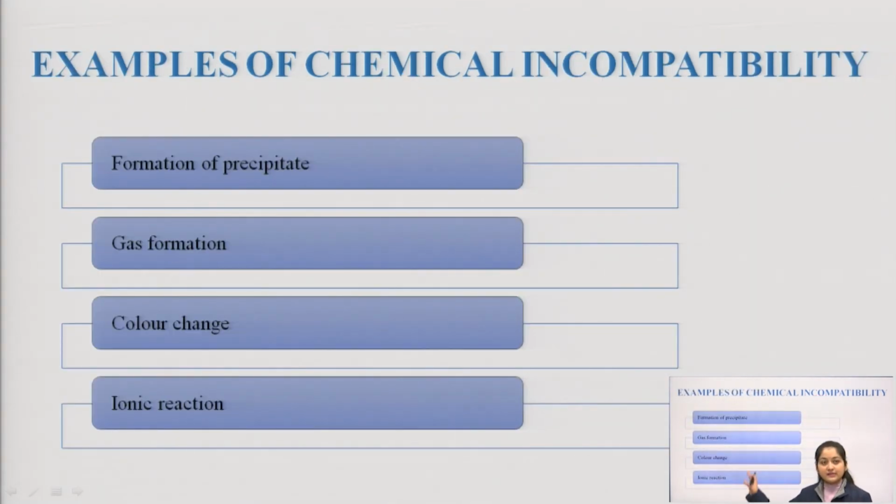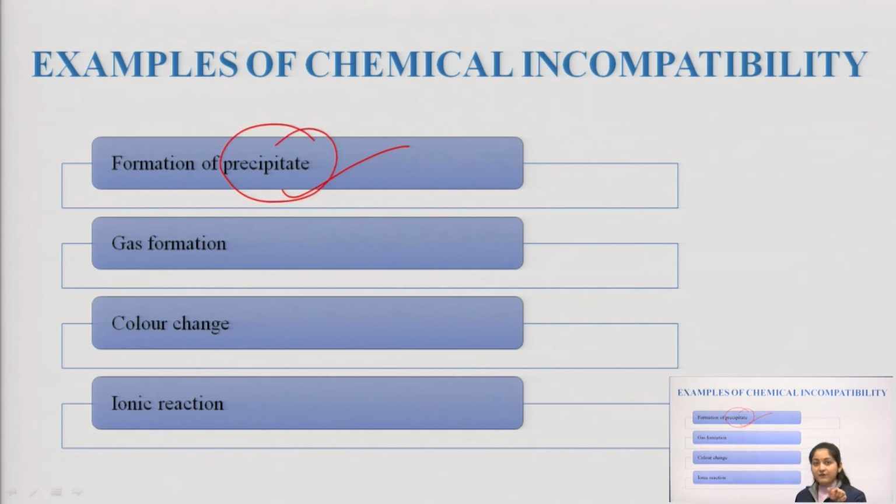So, this slide represents the types or examples of chemical incompatibility. The first one is formation of precipitate. If there is a formation of precipitate, that is going to cause a change in state, and here the change in state is a physical incompatibility. However, what has made this change happen is only the formation of precipitate.